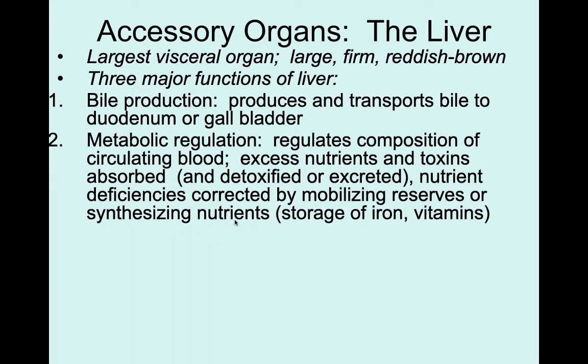It can also synthesize some nutrients. Your liver can store iron, which can be released into the blood if your iron levels in your blood are low, and it can also synthesize some vitamins.